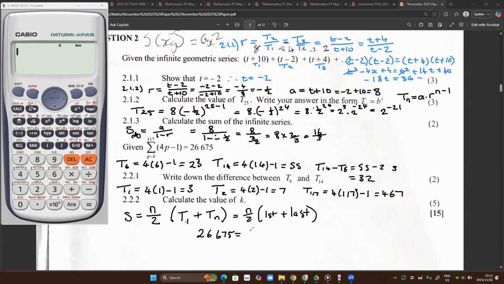Now the n is going to be 118 minus k over 2. Okay, because what it does is it starts at k. So we can just figure out that by saying 118 minus k.